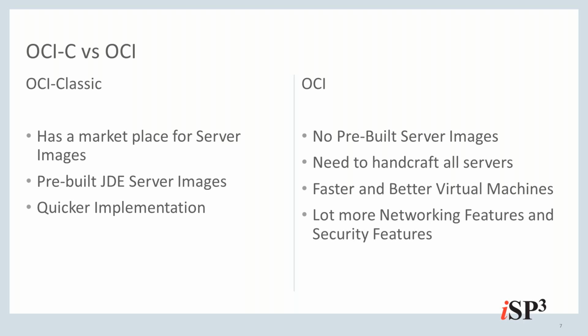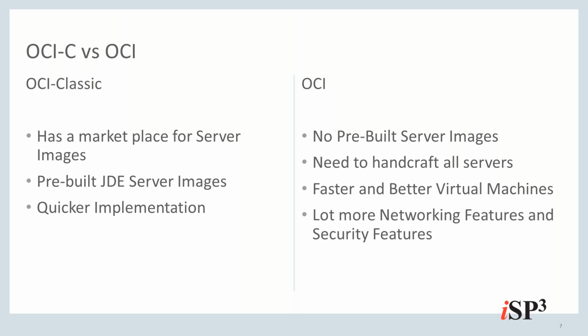You can go download images, and all the JD Edwards server images are already there, which makes for a very quick implementation. It's like downloading an app from an app store if you're an iPhone user, then just installing it. Similarly, you can download the server image from the marketplace and just plug that into your existing infrastructure or your existing JD Edwards environment, and then you are good.